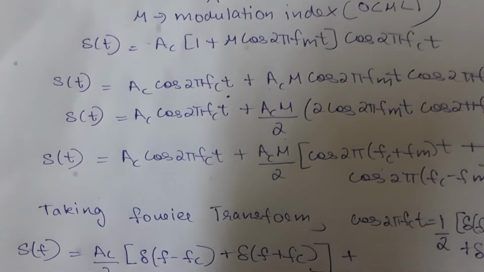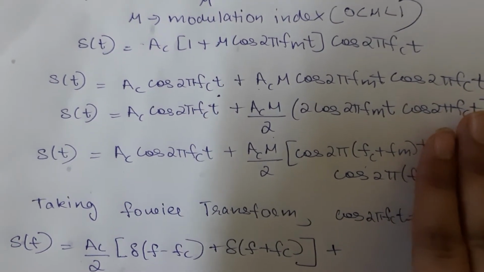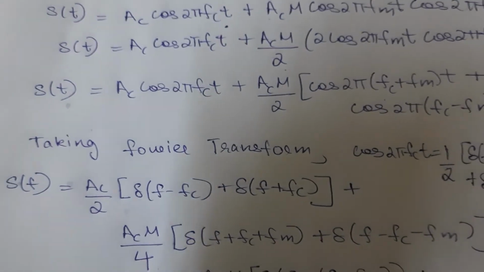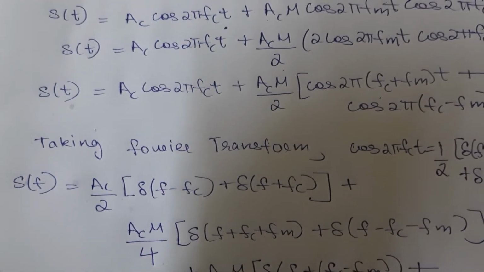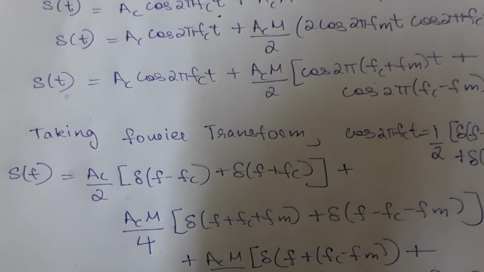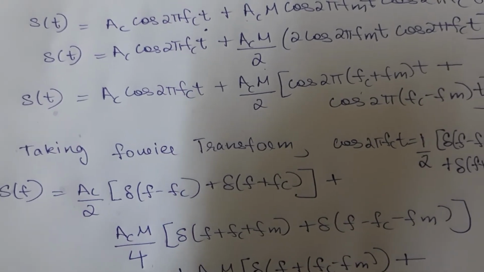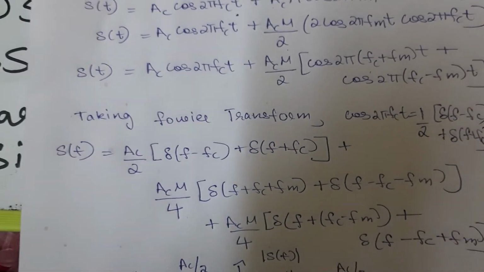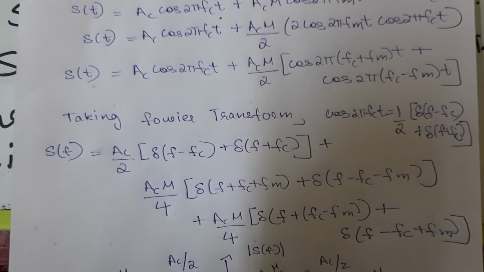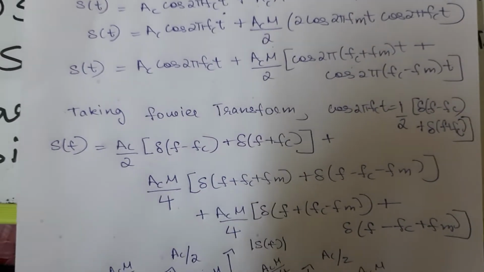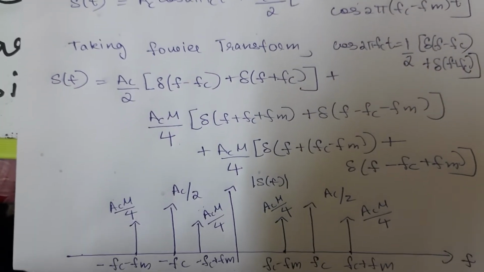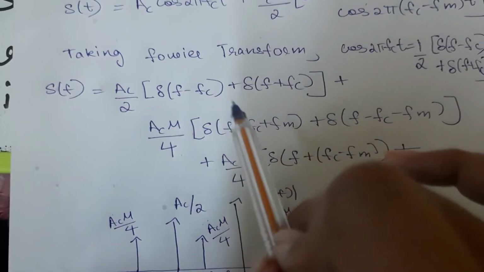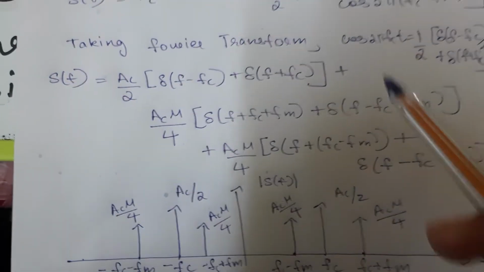Same way for the other part. Let us first write for Ac mu by 2 cos 2 pi (fc plus fm) t. For that it will be Ac mu by 4 delta of f plus fc plus fm plus delta of f minus fc minus fm. And same way for the last. We see that totally now we have 6 components. Let us sketch the Fourier spectrum now. For the first part, Ac by 2 delta of f minus fc plus delta of f plus fc. What does this mean?